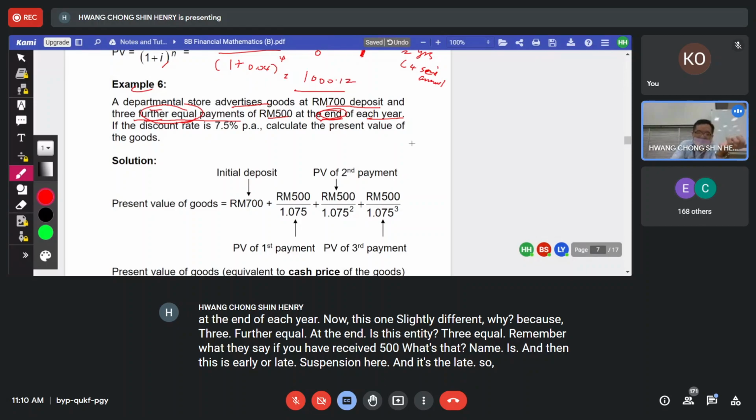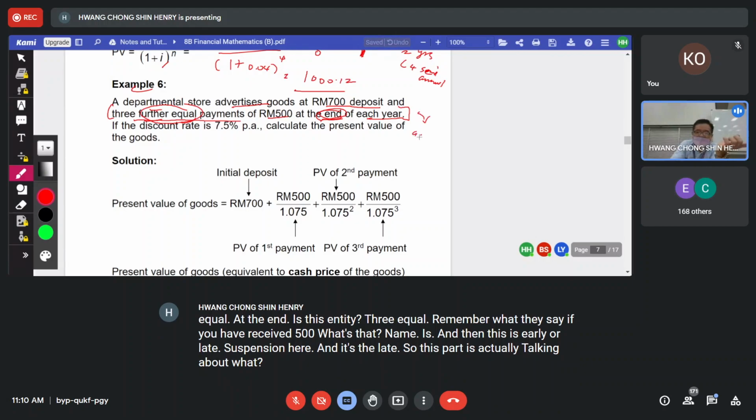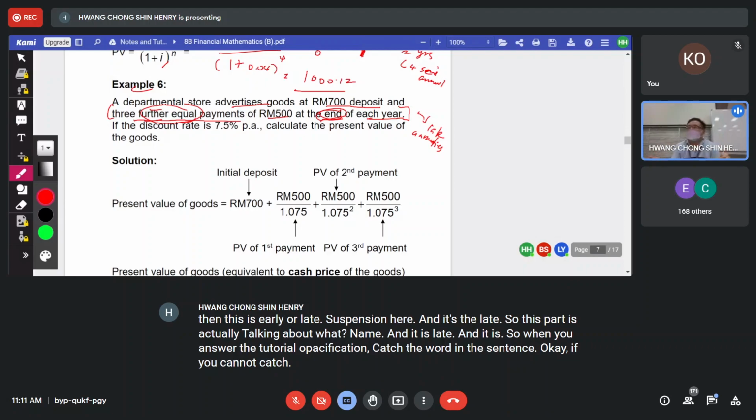So this part is actually talking about late annuities. So when you answer the tutorial or past year question, catch the words in the sentence. If you cannot catch correctly, you will answer wrongly.